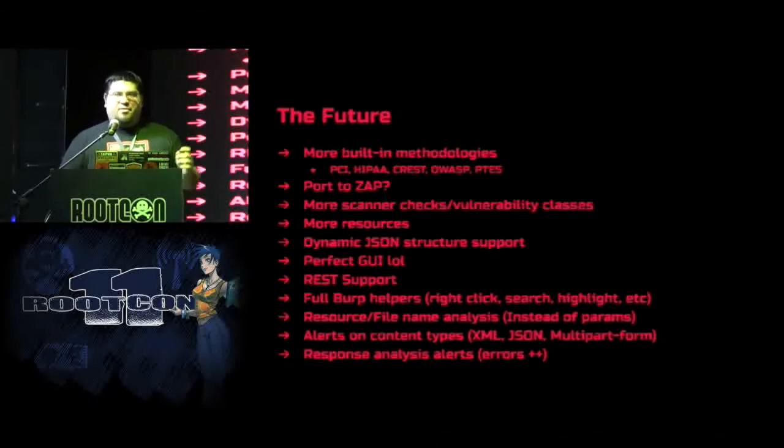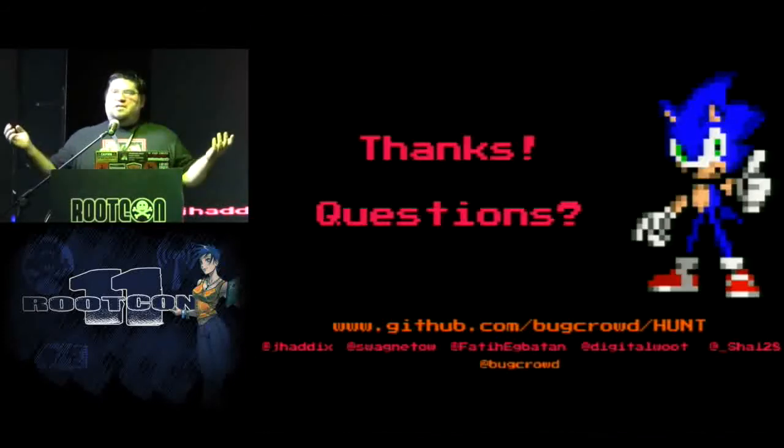So instead of the script, resource equals parameter value, sometimes you pass data through URLs, like /resource/parameter/value. So you don't use the equal signs or the question marks. We don't support REST right now. We just support the common vernacular for parameter value. We want to add more Burp helpers, like highlighting to show you where the parameter is, and a whole bunch of other stuff. Cool. That's it, right on time. Thank you very much.